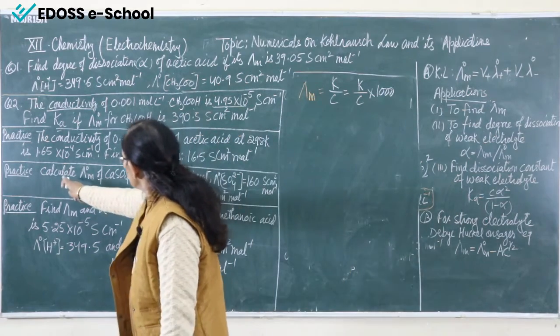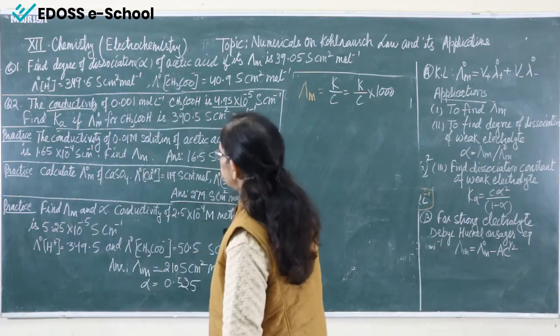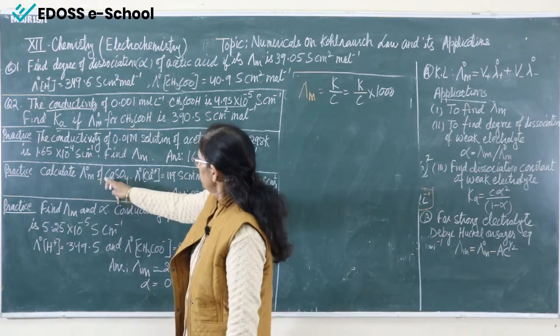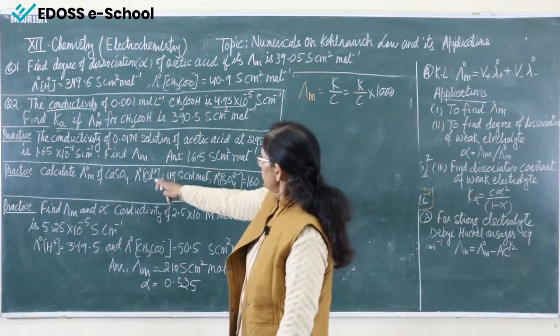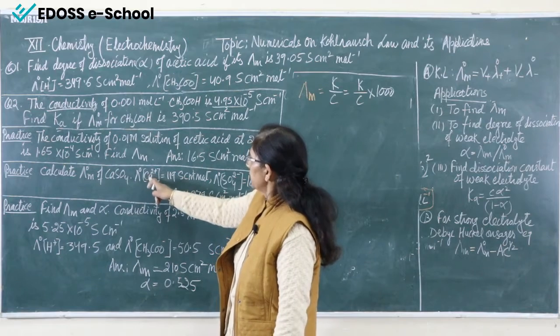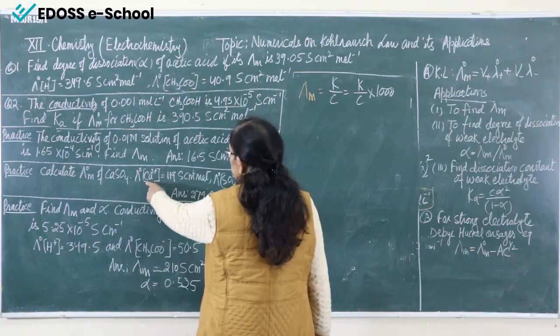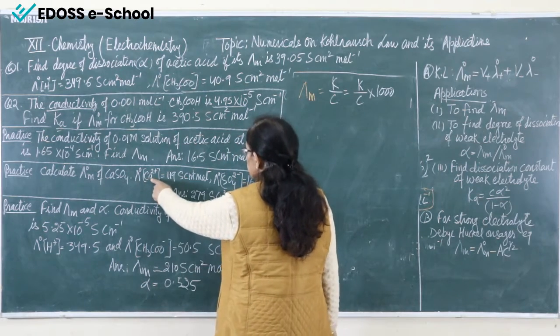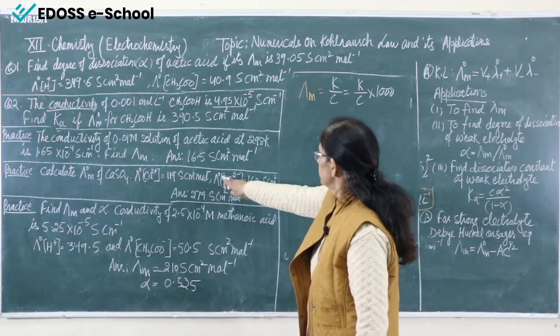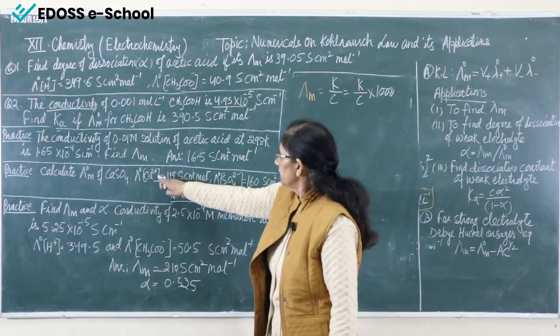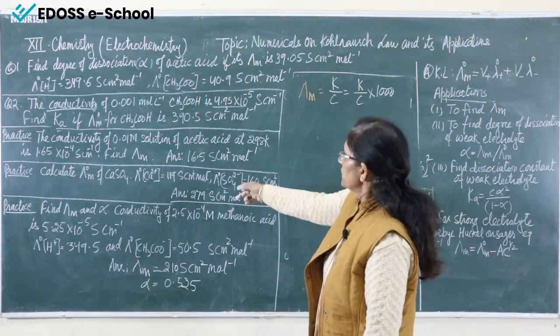Now see the next question, calculate lambda naught m. This is the limiting molar conductivity of calcium sulfate, and the molar conductivity of calcium ions and sulfate ions is given to you. Okay. So this is a very simple question.